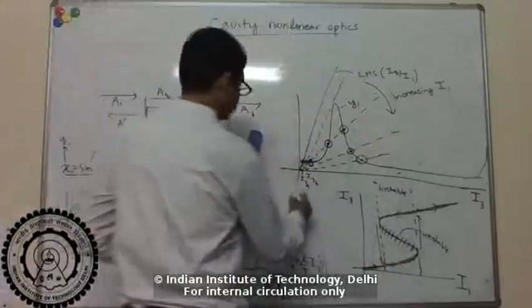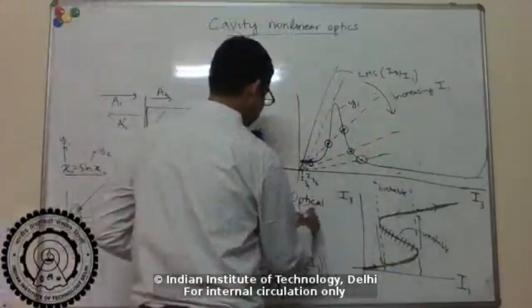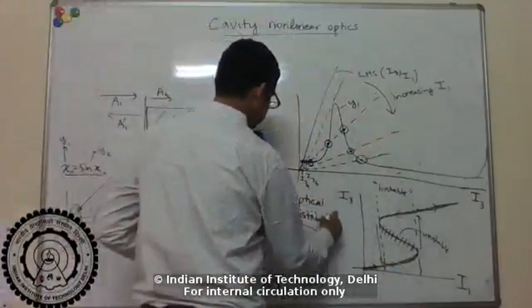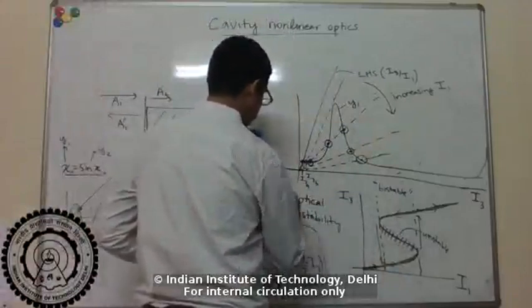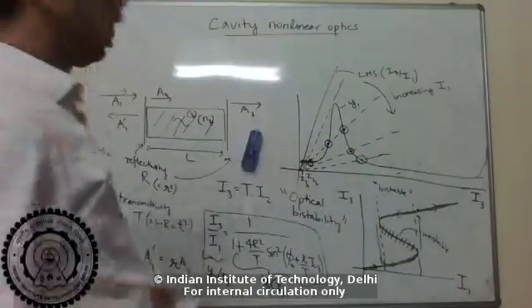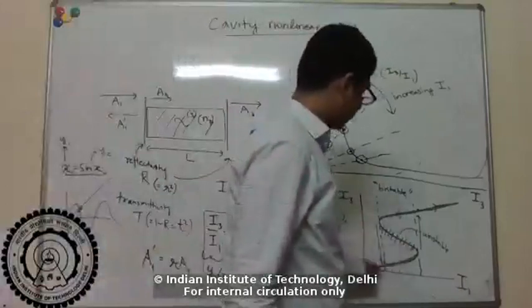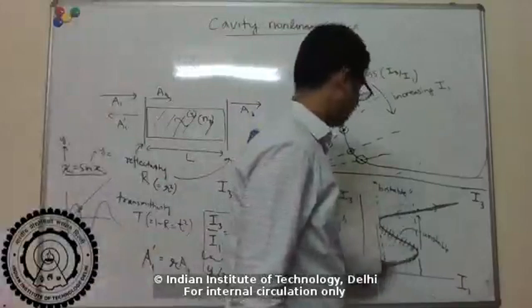So this thing is called optical bistability. It's something like a memory here. You're getting two stable states, right? And which state you are in depends on the history, right?